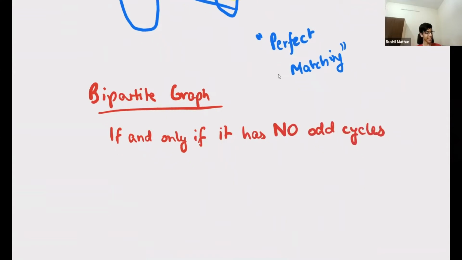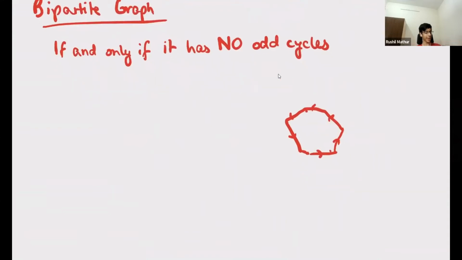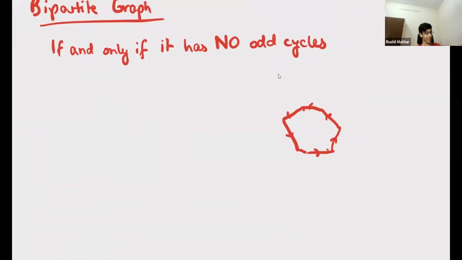Okay, so first of all, what is an odd cycle? We spoke about cycles being paths in graphs where you have to come back to the same place. So you're essentially going from here to here to here and back. And a cycle is odd if there are an odd number of edges in it.